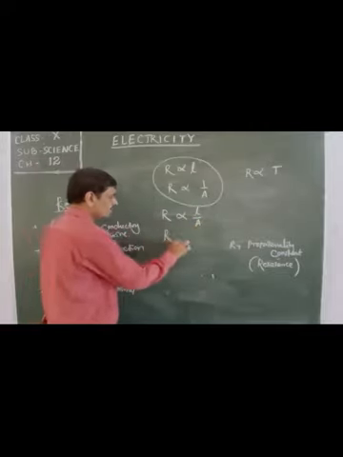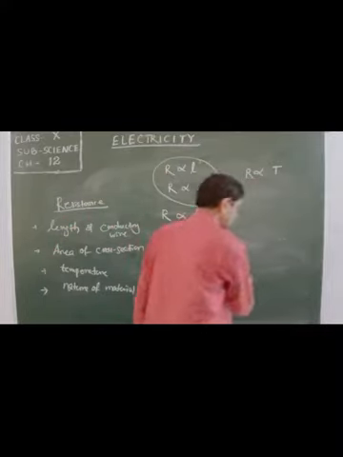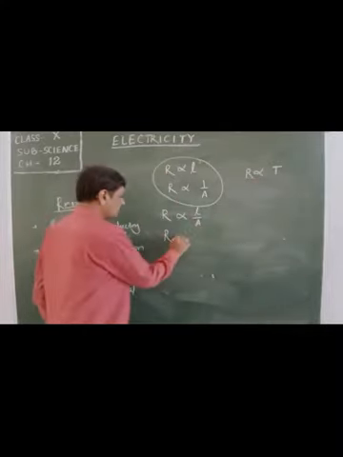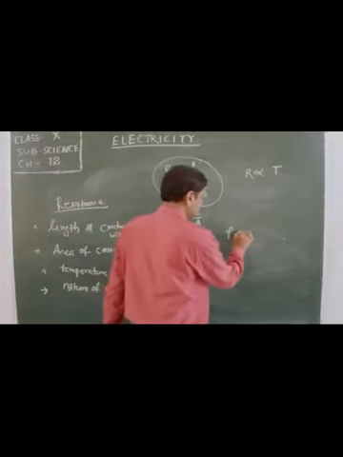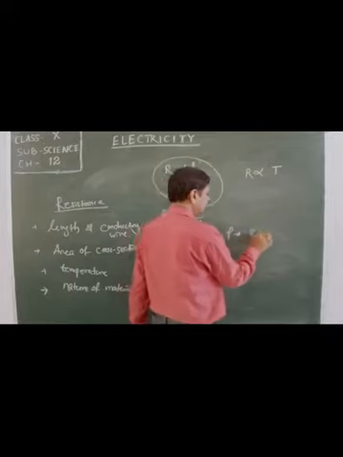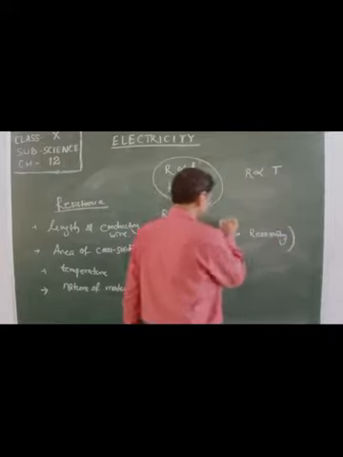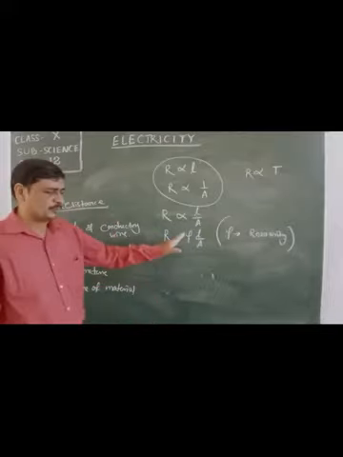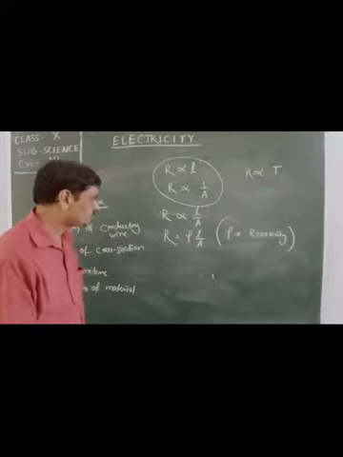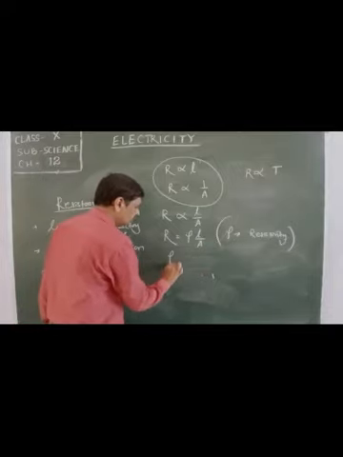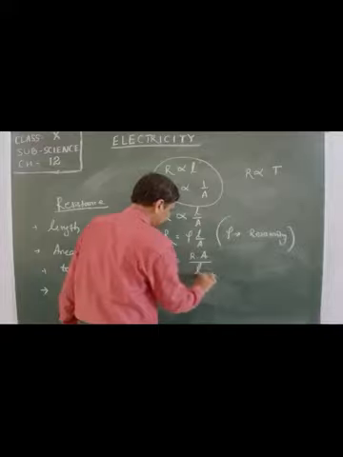And this resistance R is equal to rho L by A. This rho is called nature of material or resistivity. It is used as proportionality constant and it is known as resistivity of the material. So rho equals R A by L.